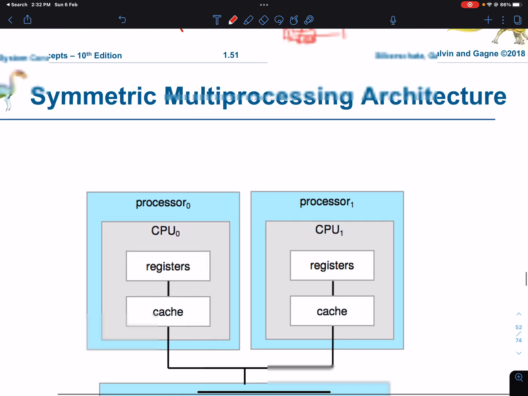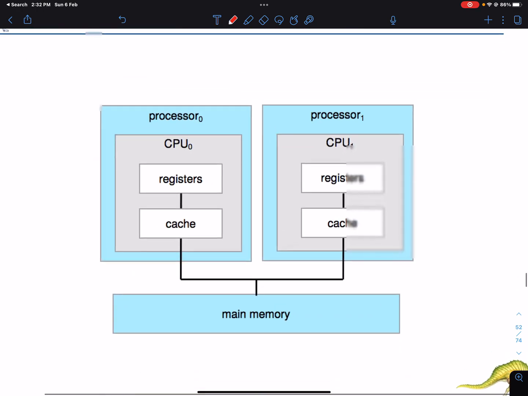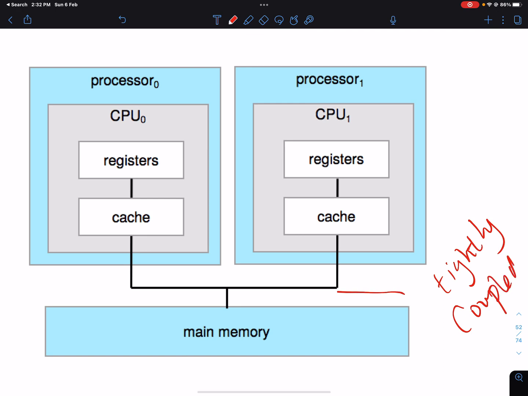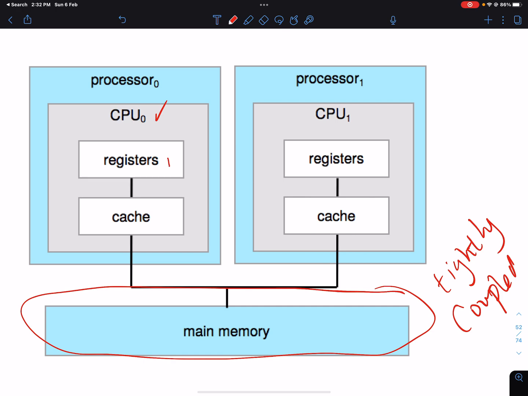Now, the symmetric multiprocessing architecture looks like this. See, this is tightly coupled. How did I know? Here, shared memory. Do you see? Here you have processor 0, which is CPU 0. It has its own registers and cache.